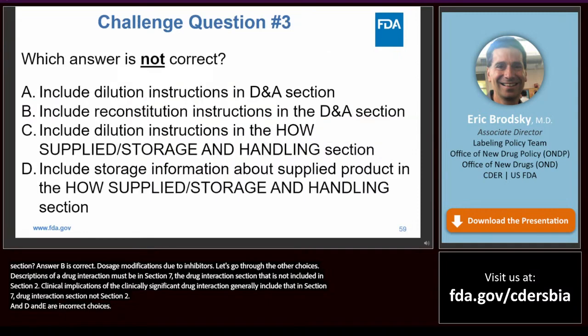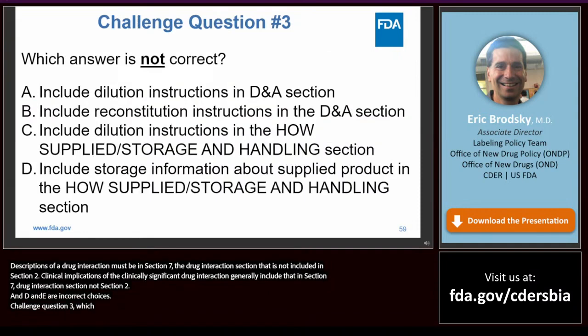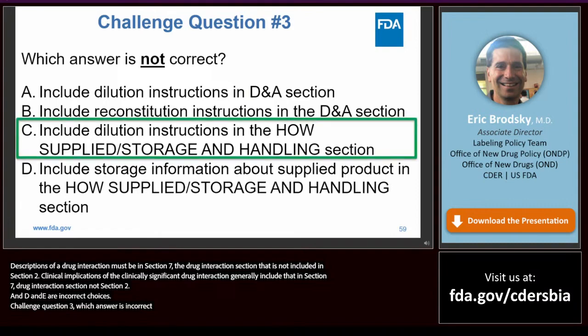So challenge question 3, which answer is incorrect? So let's go through the correct answers. A, B, and D are correct.